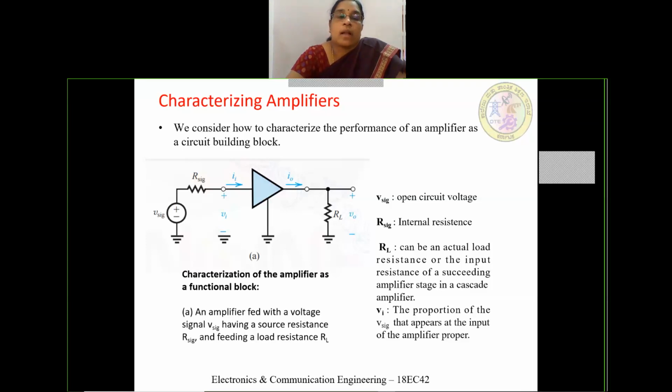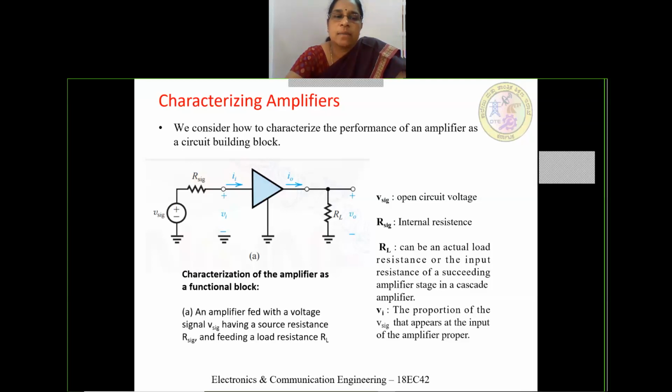But at the amplifier proper, after passing the input terminal, what is that proportion of the signal that appears as an input to the amplifier? That is identified by the notation Vi. Because these are the terms we are repeatedly using throughout the module, we should clearly know the difference between V signal and Vi.